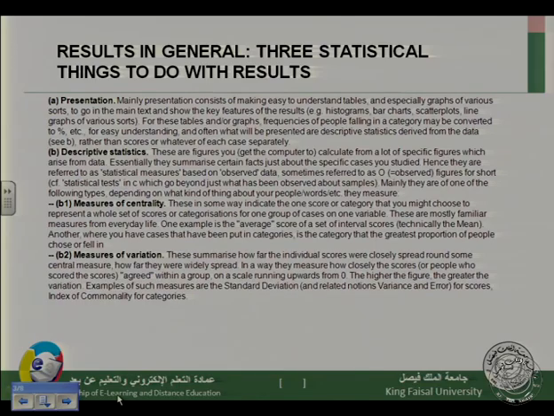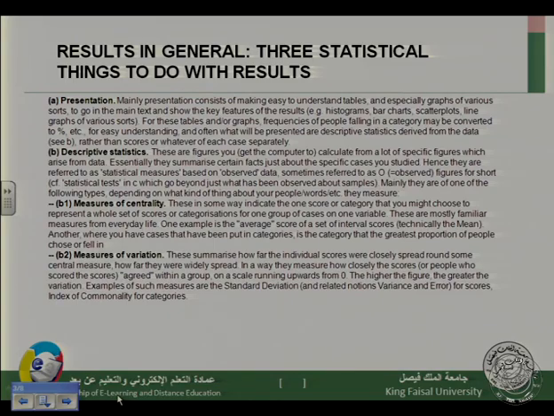Mainly, presentation consists of making easy-to-understand tables and especially graphs of various sorts to go in the main text and show the key features of the results. In results, you try to make things very easy for the reader, especially if you are going to use tables and graphs. You need to explain these tables and graphs.